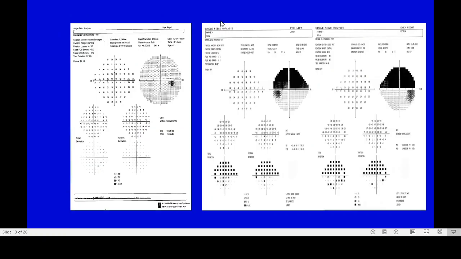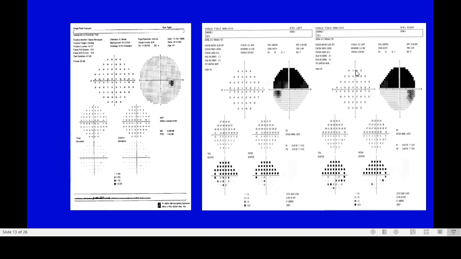These are the actual fields layout that we get after the visual field examination. A different part of the visual fields. This is the gray scale, which gives a gross idea about the changes of glaucoma. And then there are total deviation and pattern deviation plots over here.